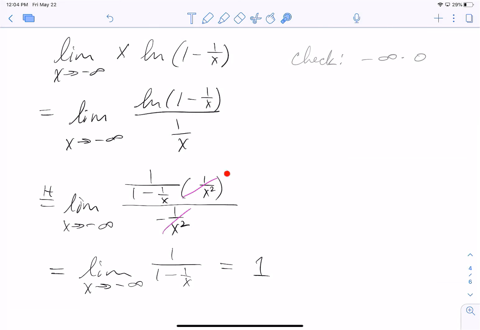The 1 over x squared in the numerator and the 1 over x squared in the denominator divide out, leaving us with a negative factor. And we have simply the limit as x approaches negative infinity of 1 over 1 minus 1 over x. That's going to be a 0 for the 1 over x in the denominator. We have 1 over 1 with a minus sign in front, and so our answer is negative 1.